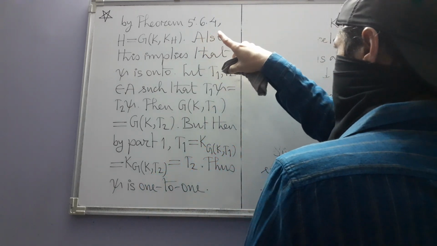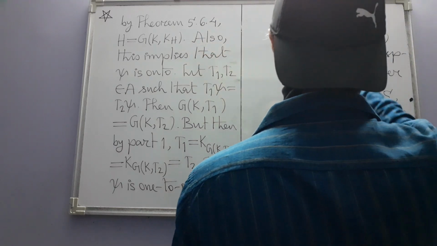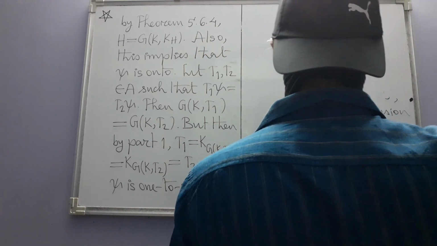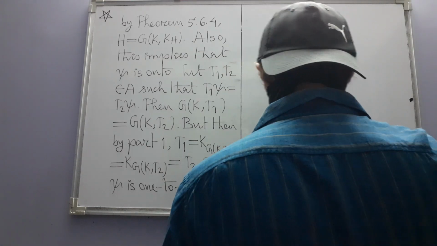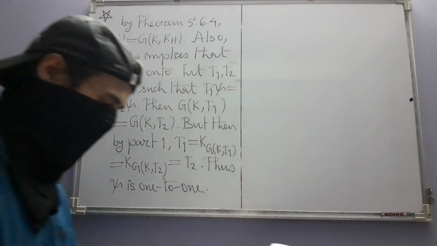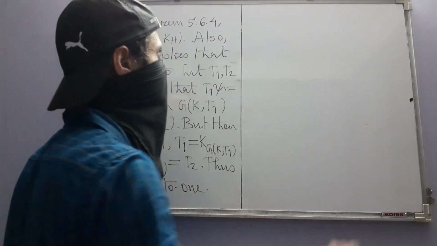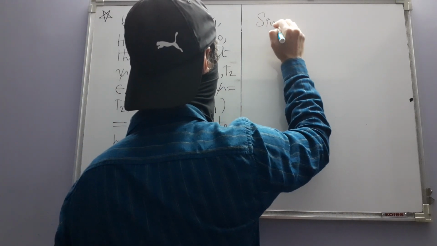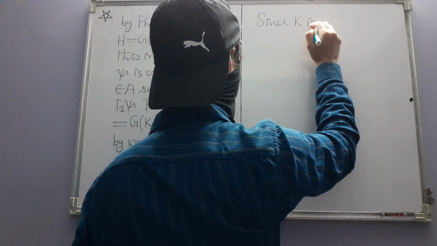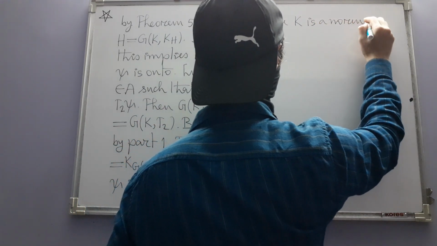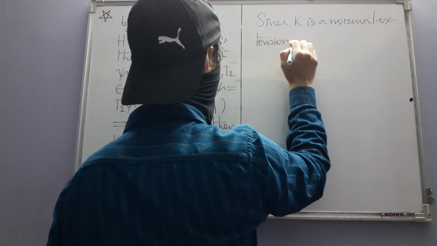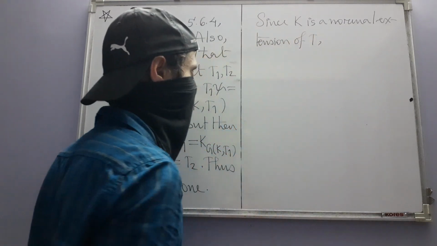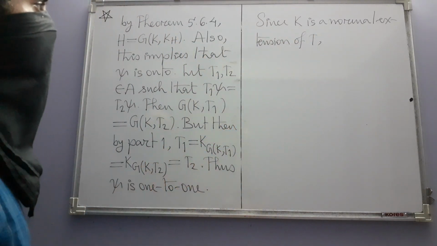Now here we have used half of theorem 5.6.4. To prove part 3, we are now going to recall the other half. So part 3 starts like this. Since K is a normal extension of T, how that is true we have already seen while proving part 1.